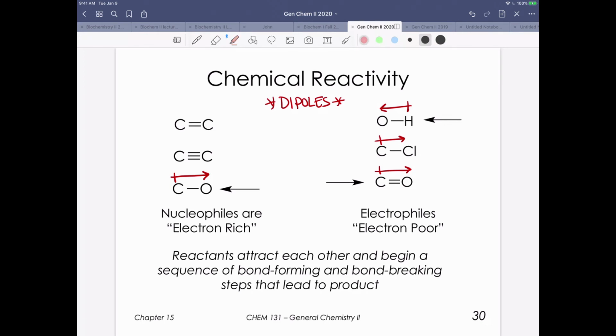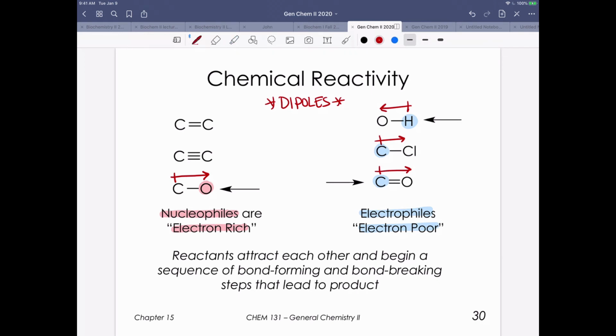When we say something is a nucleophile, we're talking about atoms that are electron rich. So we're always going to be pointing to the arrowhead of our dipole, because that's an electron-rich atom. When we talk about electrophiles, that's referring to atoms in functional groups that are electron poor. So that's referring to this carbon atom, or this hydrogen atom. Those are electron-poor regions of our bonds.